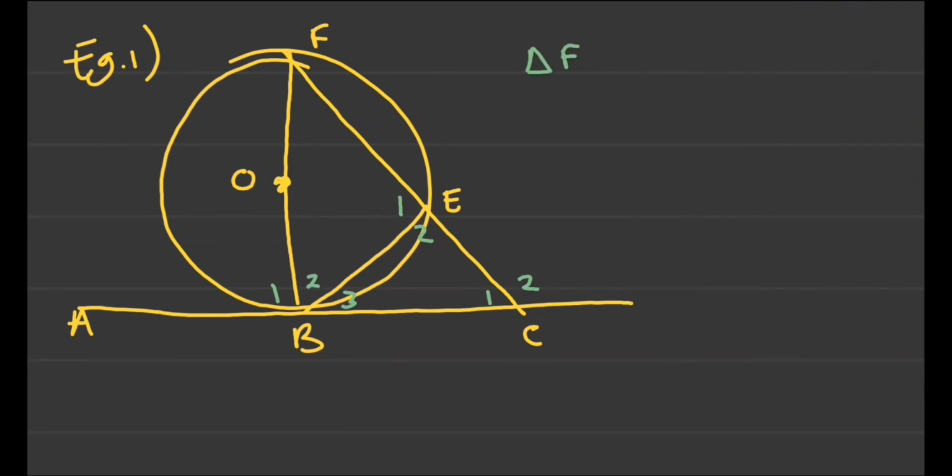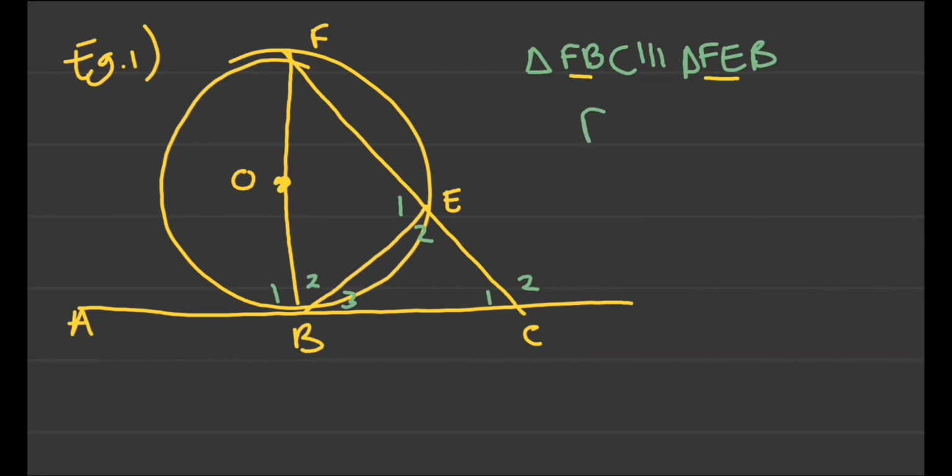So we proved triangle FBC similar to triangle FEB, am I right? This was the first question. Yes, sir. Okay, thank you. So we proved these two triangles similar. Now I want to write down ratios for them. I'm going to take the first two letters of each triangle.